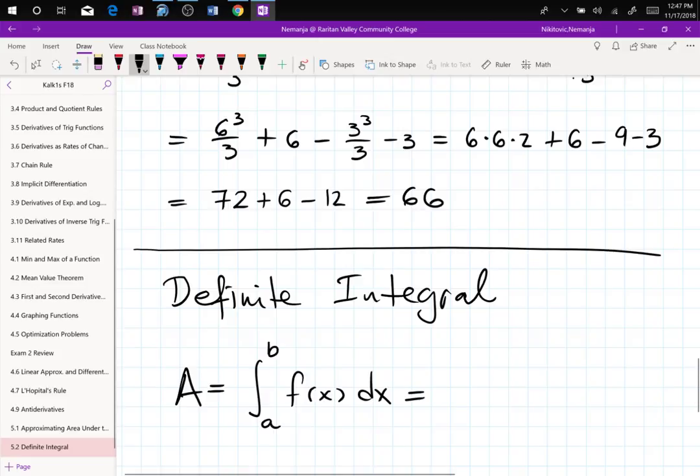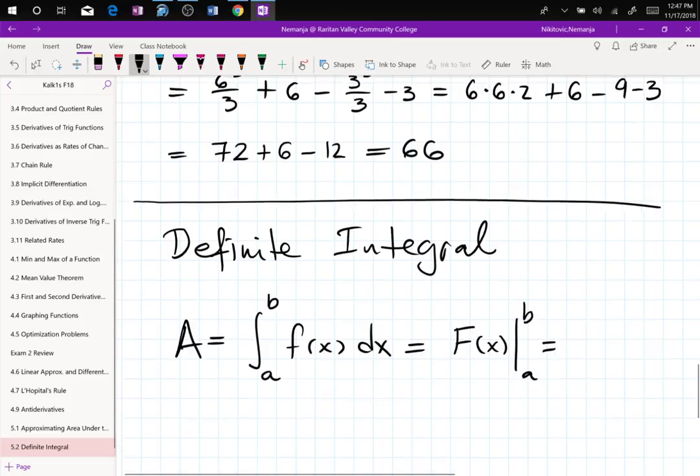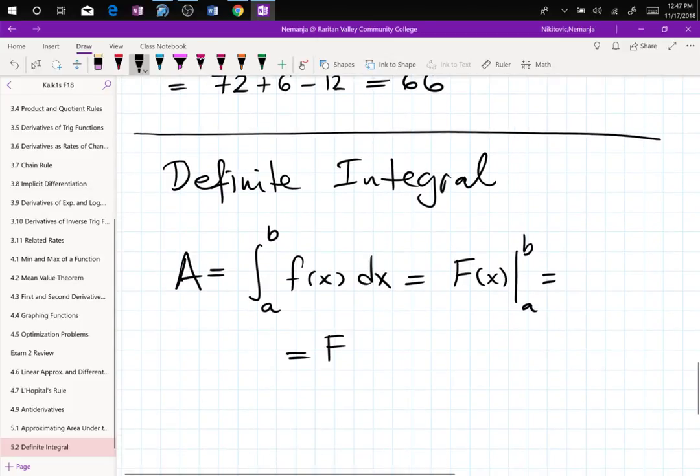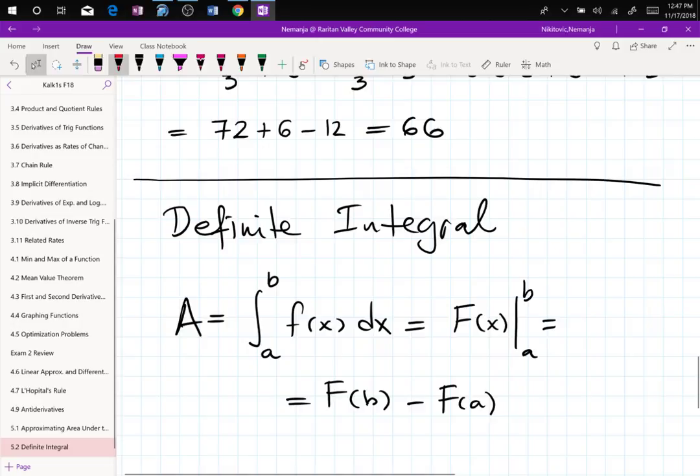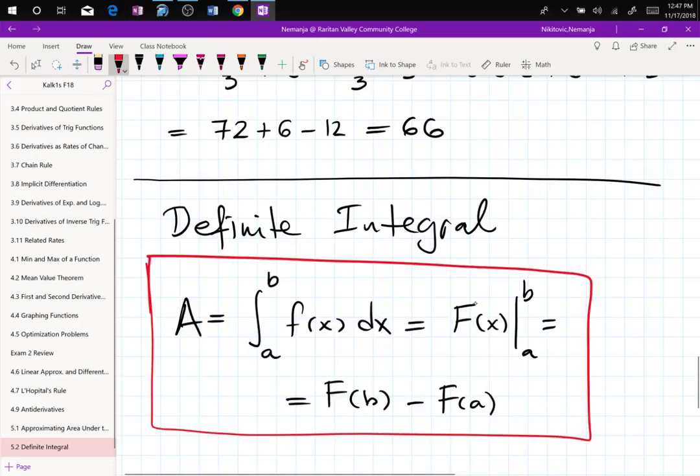And it's computed by the antiderivative of x computed from a to b, which is computed as f of b minus f of a. This formula here bypasses the calculation above and makes it simple.